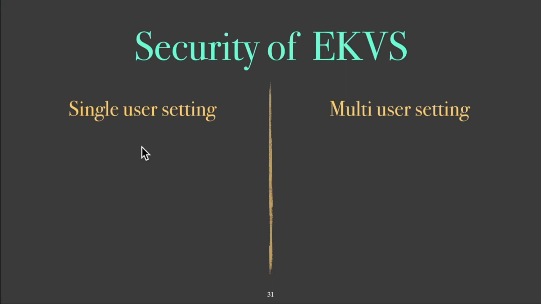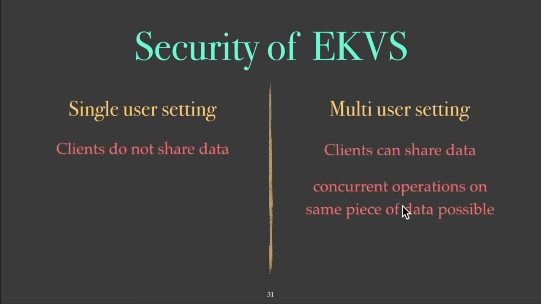In the single user setting, clients do not share their data with other clients, whereas in the multi-user setting, they do. So in the multi-user setting, there can be two clients working on the same piece of data at the same time because they are sharing data with each other, whereas in the single user setting, this is not going to happen. At a time, only one client will be operating on one piece of data.